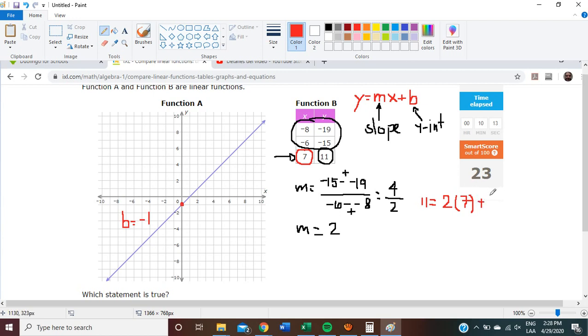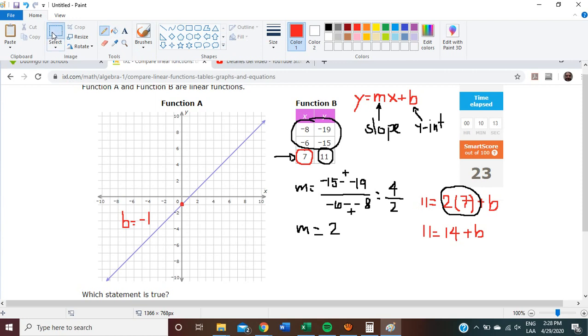So b is something I don't know. This is the one that I want to get. So here I can solve this part of the equation: 2 times 7. So 11 equals 2 times 7, which is 14, plus b.